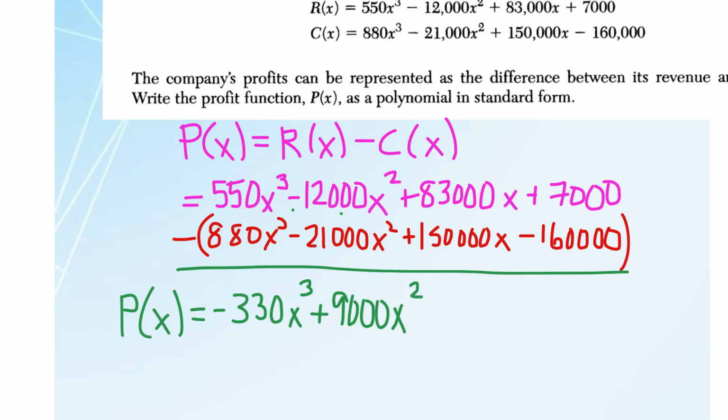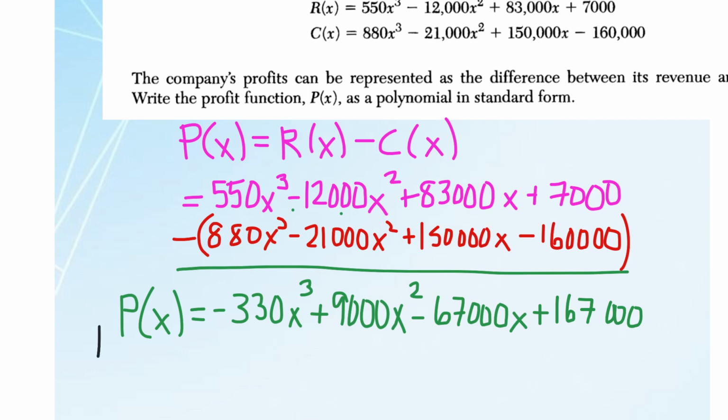And then 83,000 minus 150,000 is negative 67,000x. And then for our last term, we'll take 7,000 minus negative 160,000. So we'll actually be adding 160,000, which would be positive 167,000.